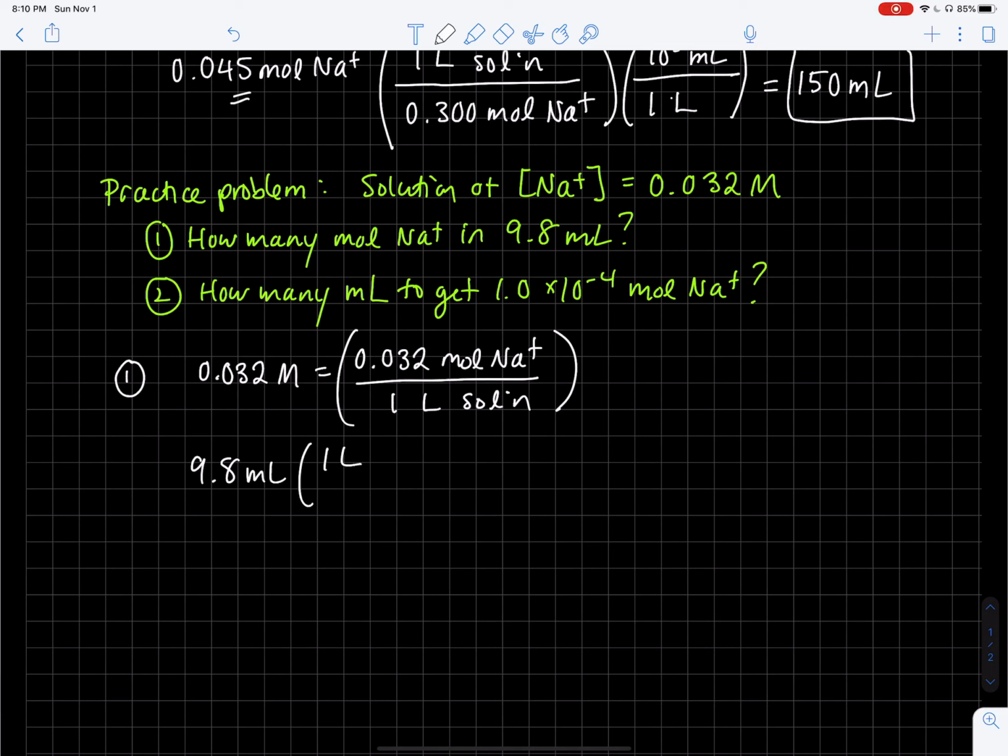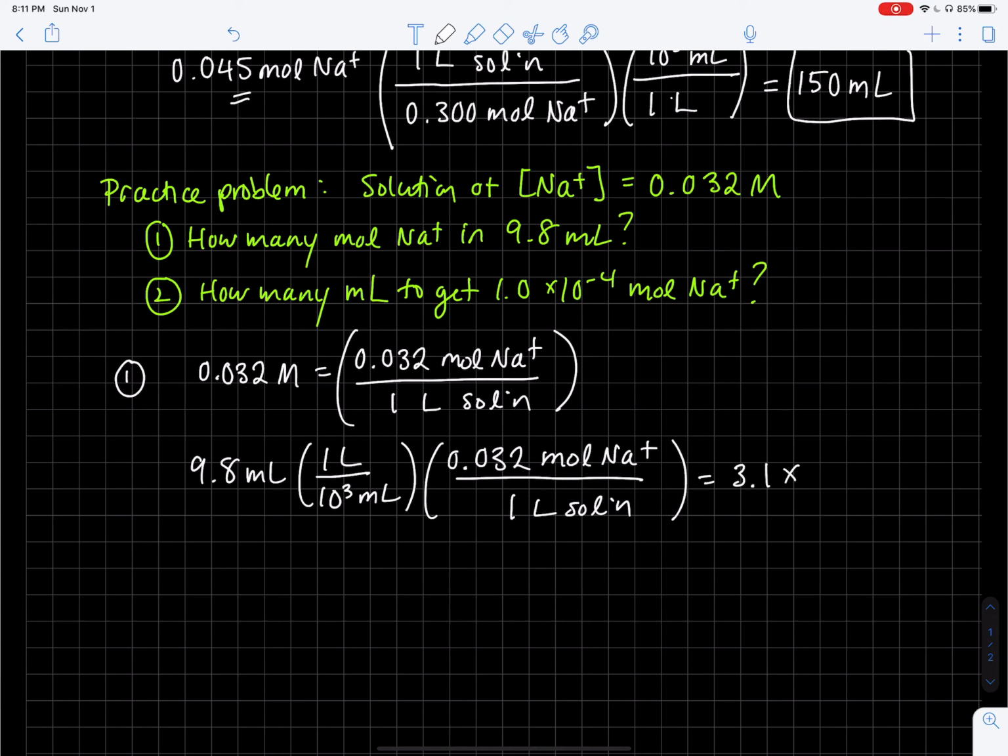I'm going to change that to liters and then multiply it by the concentration with moles on top because I want to end up with moles. And when I do that, I get 3.1, 2 sig figs times 10 to the minus 4 moles of sodium.